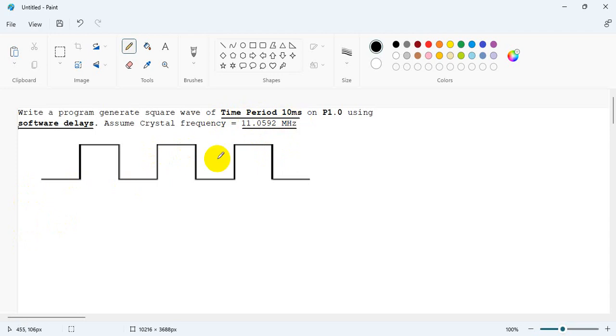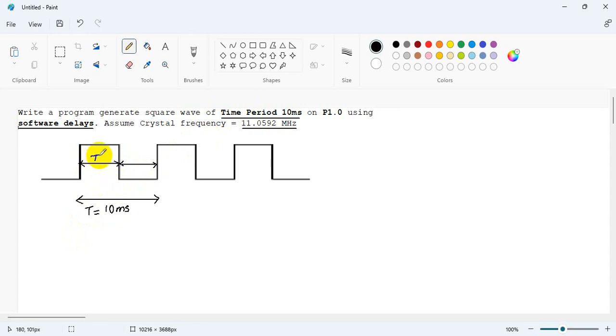So the total time period is 10 millisecond. That's what is given in the question. T is equal to 10 millisecond. And because it's a square wave, the on time and the off time will be equal.